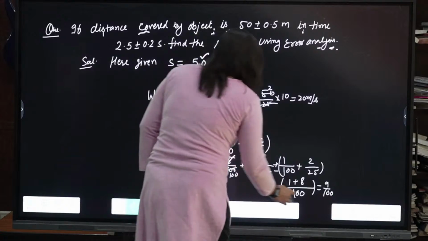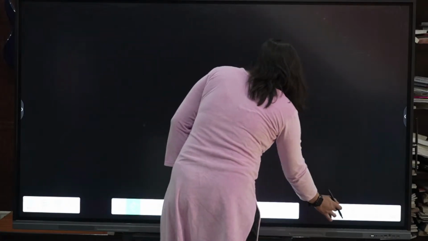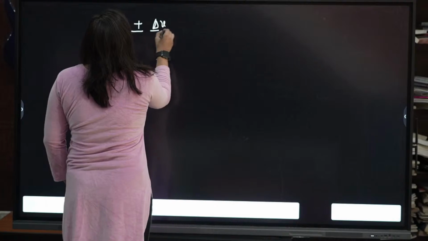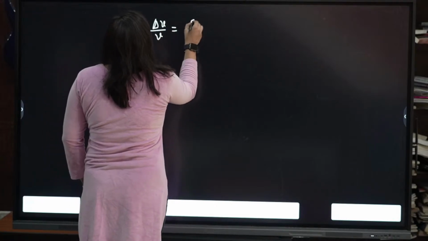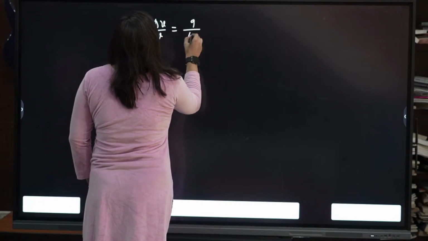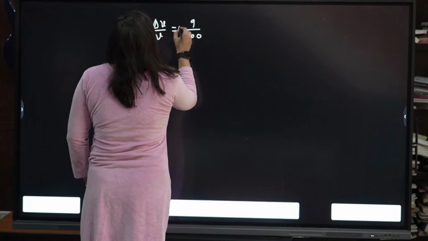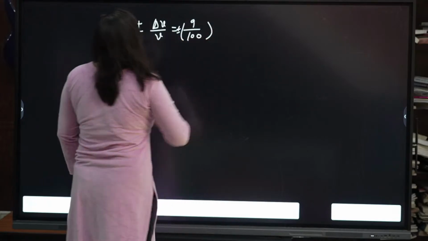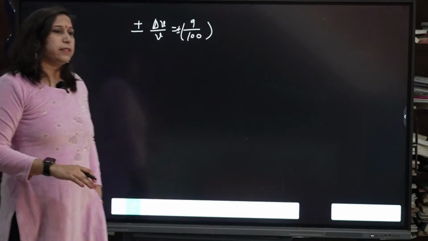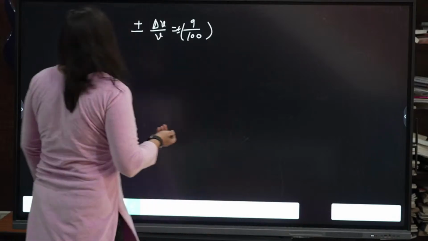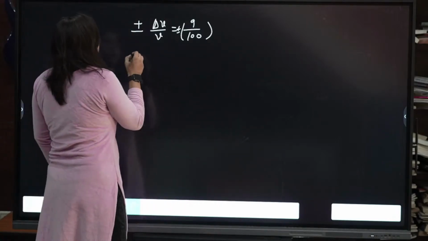It's a plus minus del V by V is equal to 9 by 100. Plus minus here because it's an error. Maybe it's less than it, maybe more than it, maybe positive or negative.